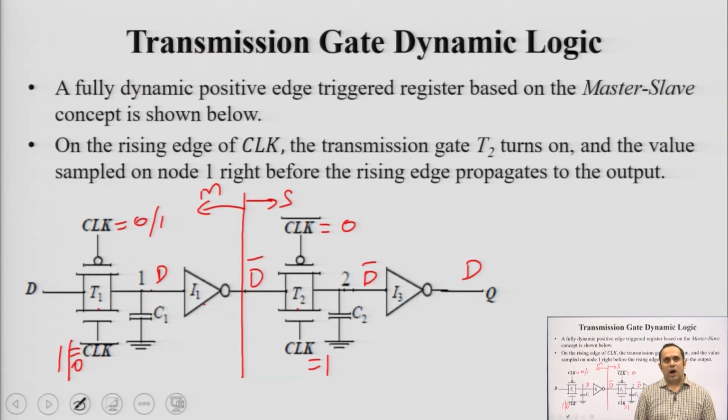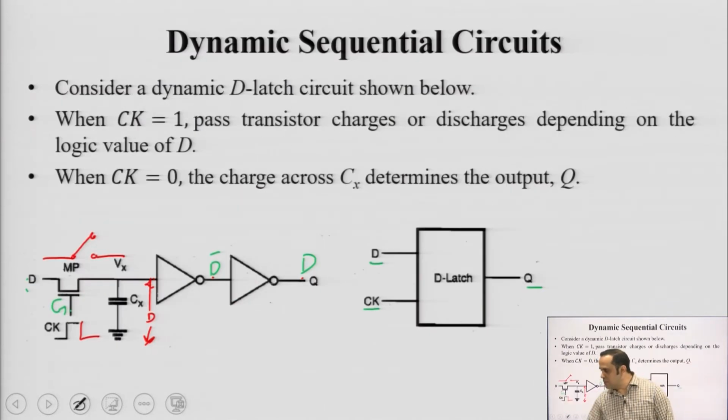How is it different from the pass transistor version? If we go back to the previous slide, you see this pass transistor here, this is an N type MOSFET. If I connect a lot of pass transistors in cascade, every pass transistor will have a small voltage drop across it, which is equal to its threshold voltage.